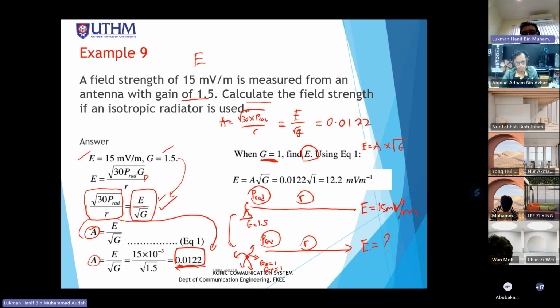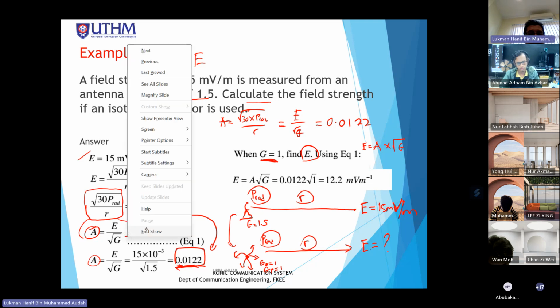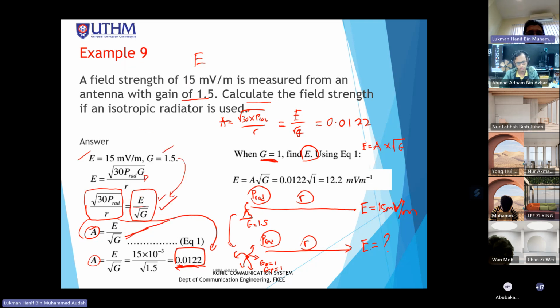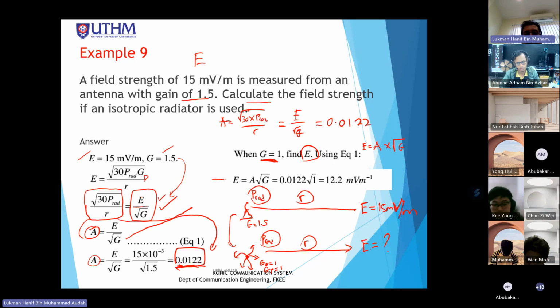From the equation that we found previously, equation 1, E is equal to A multiplied by the square root of G. Therefore the new electric field parameter is equal to A, which is the parameter we have calculated.